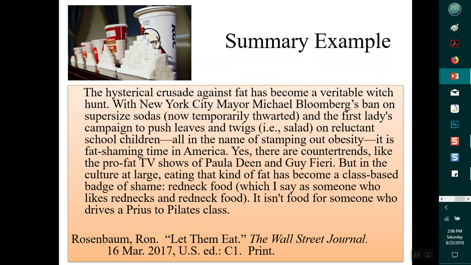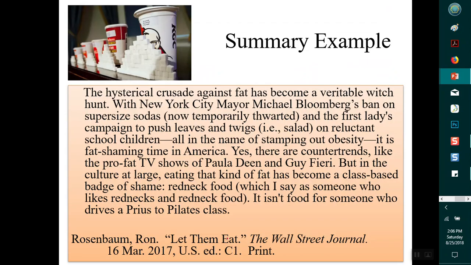It's Ron Rosenbaum's "Let Them Eat" is the title. Sorry, I flipped a little bit too quickly there. I will say this, I picked this example because his main idea is not clear. So it's not like I can just take the first sentence and quote him, right? So let's see what he has to say.